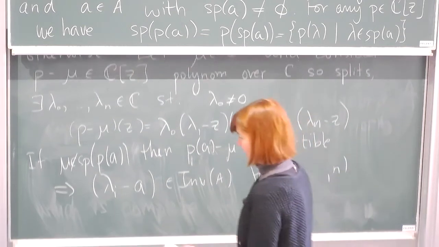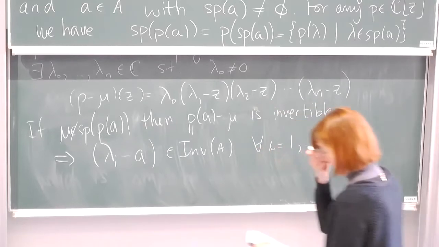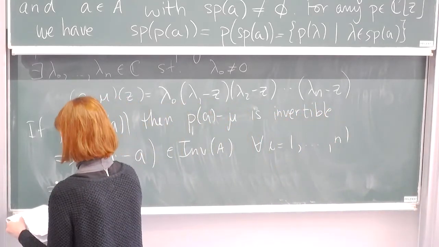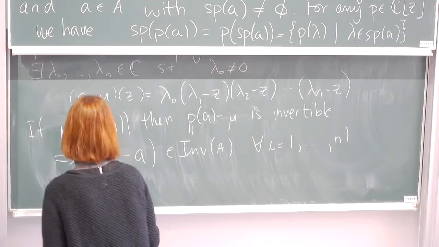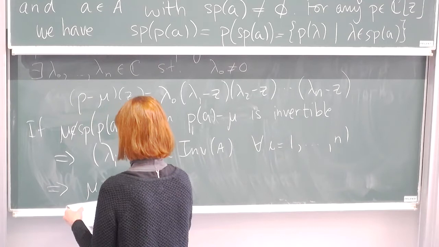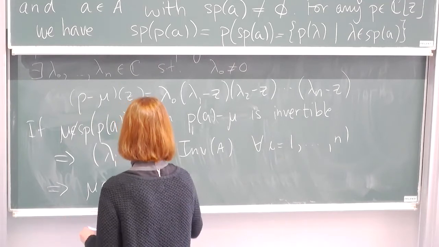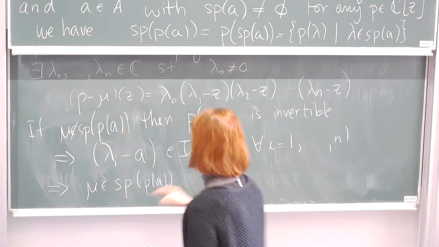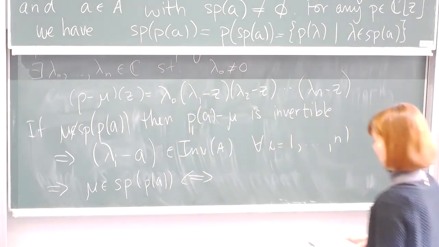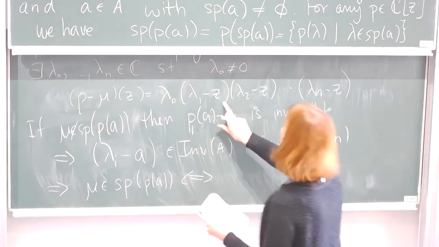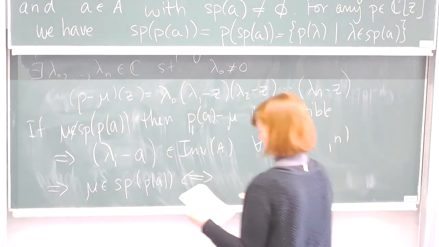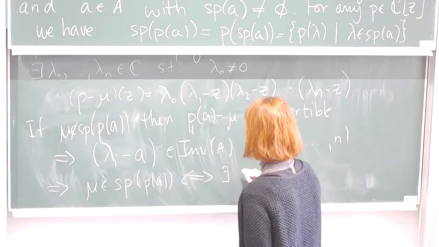So that tells us that mu is in the spectrum of P(a) if and only if the lambda i's are in the spectrum of a for some i.